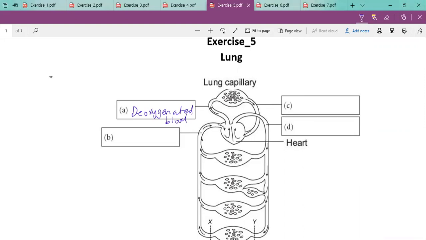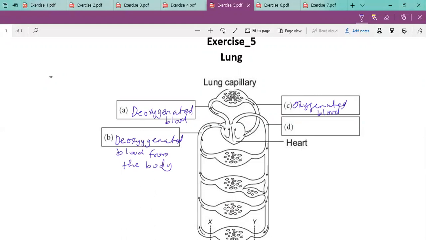This is the oxygenated blood from the body. And this is the deoxygenated blood from the heart. And this is the oxygenated blood, and this is to the body.